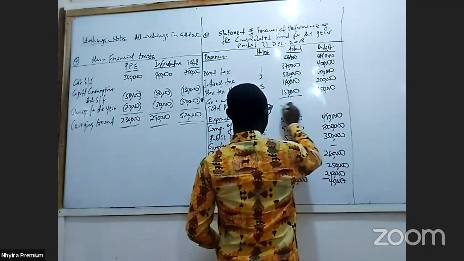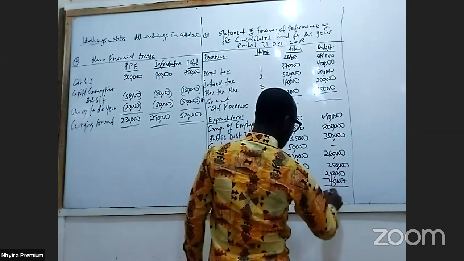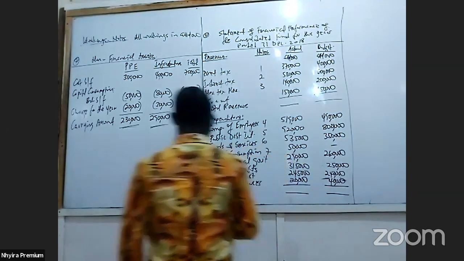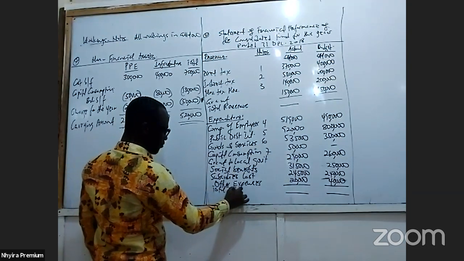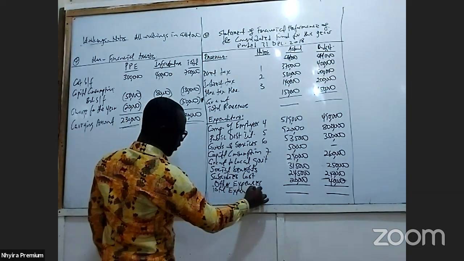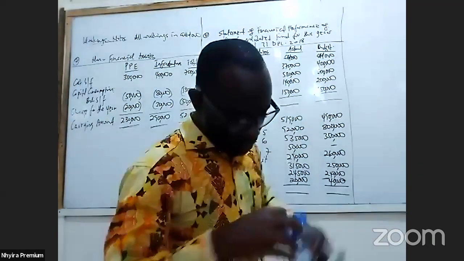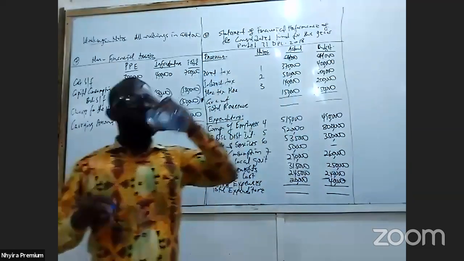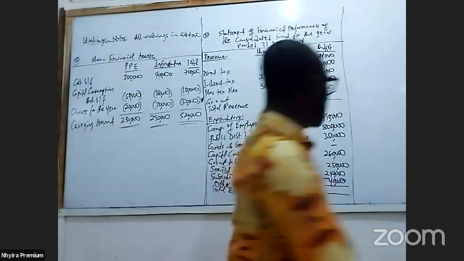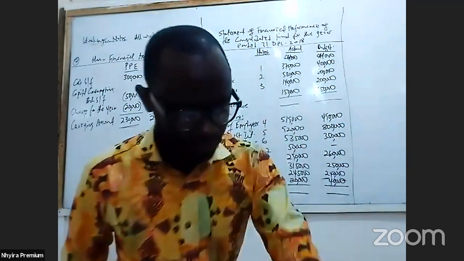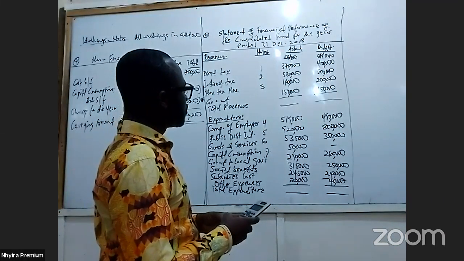So total revenue is going to be marking up. Total expenditure is also going to be marking up. So let's see what's happening. Let's add them up real quick. 270, 530, 140, 150.